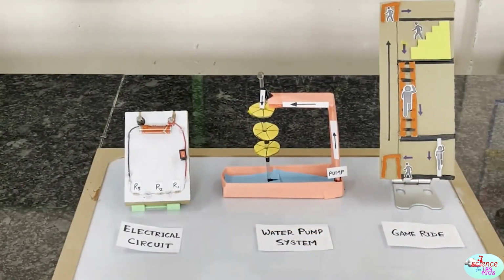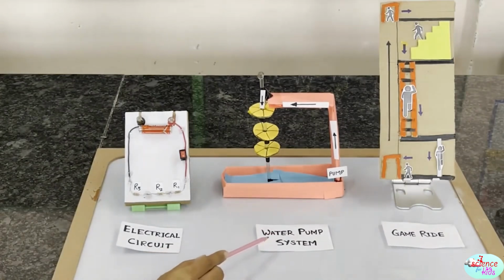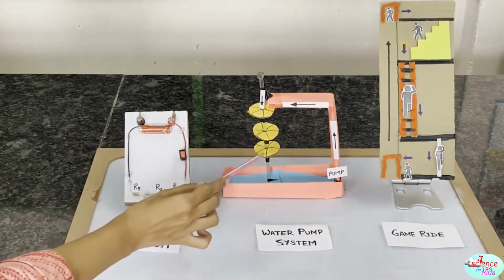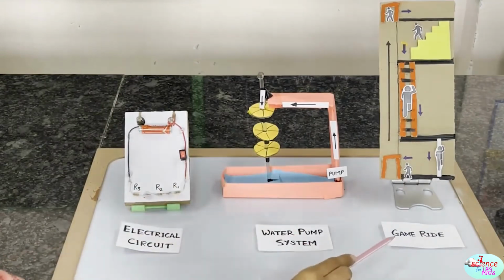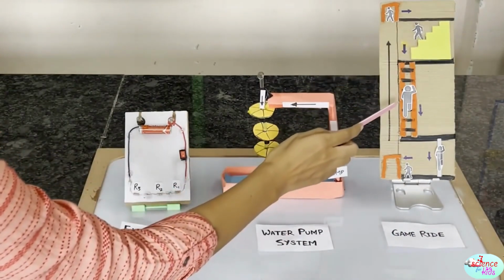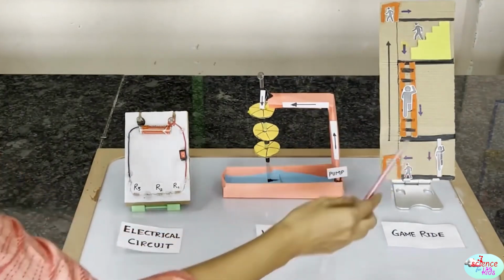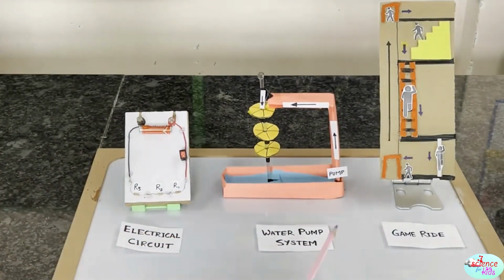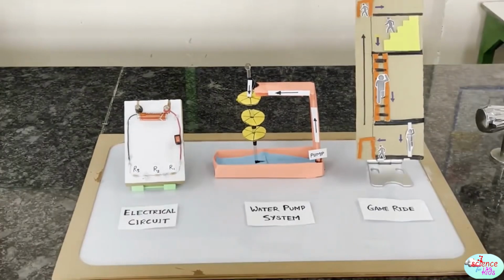Yes. In the water pump system model, three wheels are attached in series. And in the game ride model also, the staircase, the ladder and the pole are connected in a sequence, that's one after the other. Good observation.